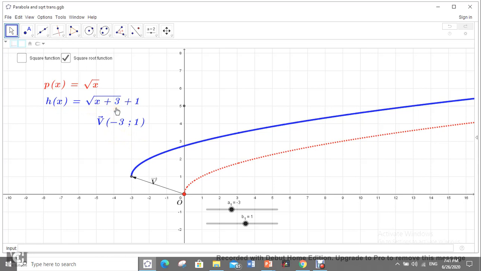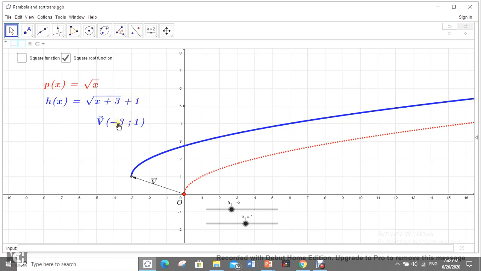How can we deduce the translation? It's simply h of x equal, in fact, p of x plus 3, plus 1. This is p of x, and p of x plus 3 will be radical x plus 3, plus 1. So the first thing you have to find is the translation vector, which is (minus a, b), where this is the value of a, and this is the value of b.